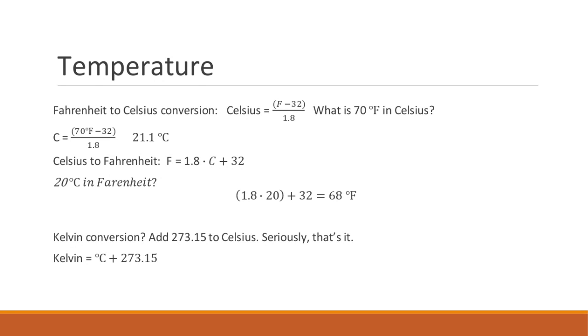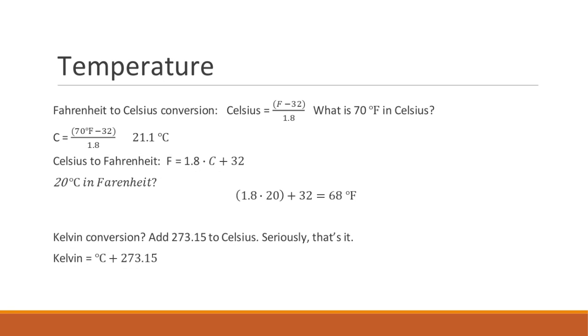But if we're working with temperature, it's slightly different. Temperature conversions are really just algebraically found. You have a conversion equation for Celsius, a conversion equation for Fahrenheit, and a conversion equation for Kelvin.